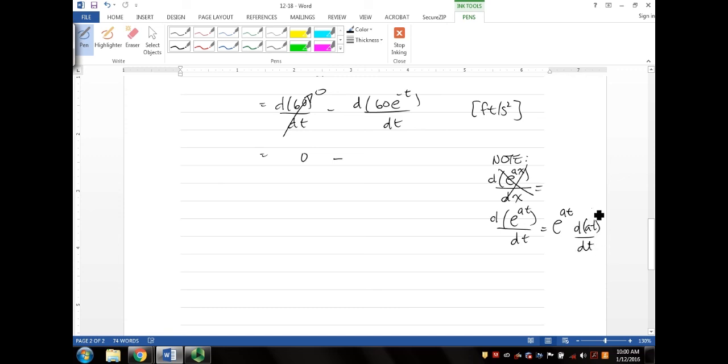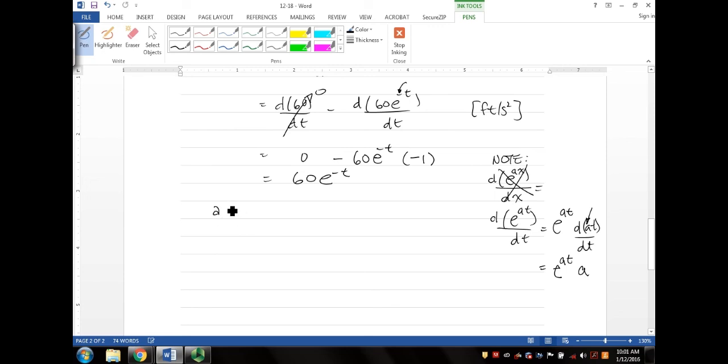Since a is a constant, that would simply be e to the at times a. In our problem, a is a negative 1, so that would be 60 e to the minus t times a negative 1, which will be 60 e to the minus t.